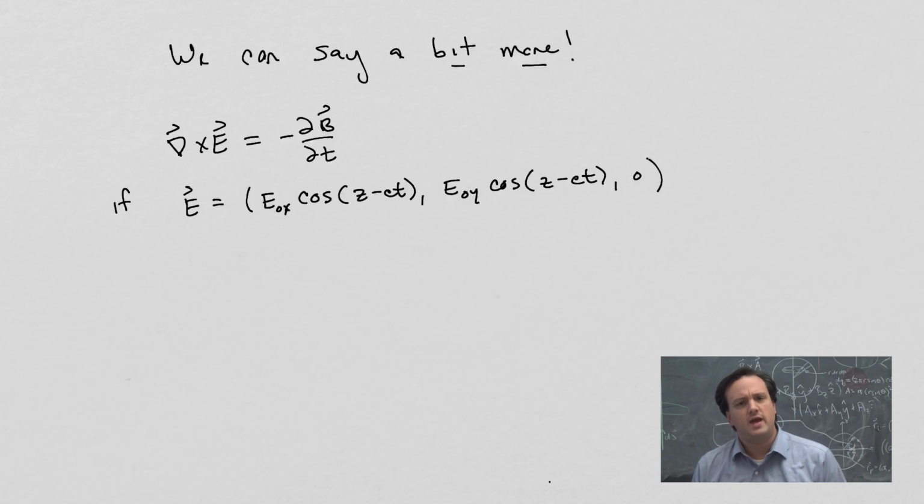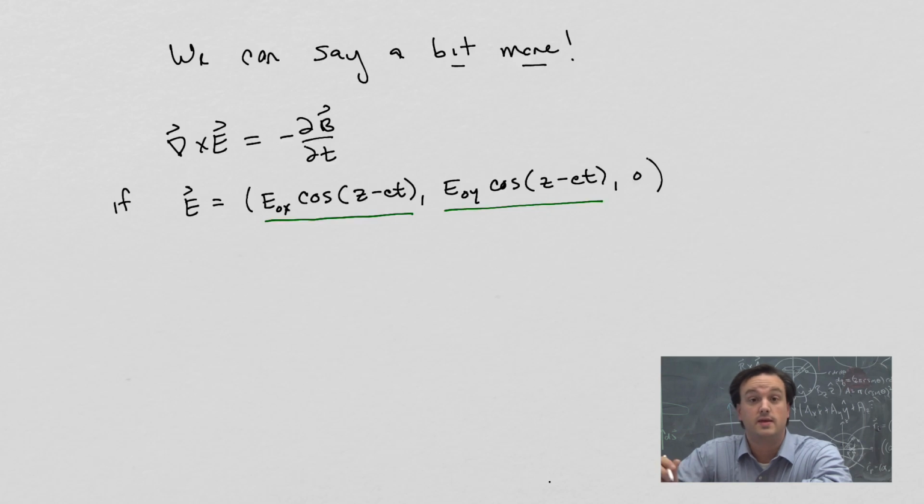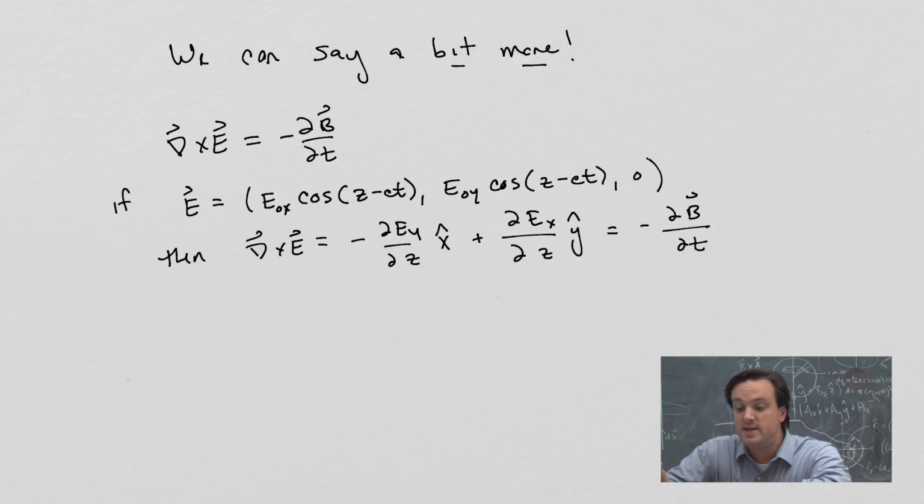So let me take our plane wave ansatz, where I have a plane wave going in the z direction, and rewrite it as a single vector where the electric field is equal to E naught x times the cosine, E naught y times the cosine, and then 0, because there is no component of the electric field in the direction of the wave. I can plug that into the left-hand side of Maxwell's equations to get the curl of E is equal to these two components.